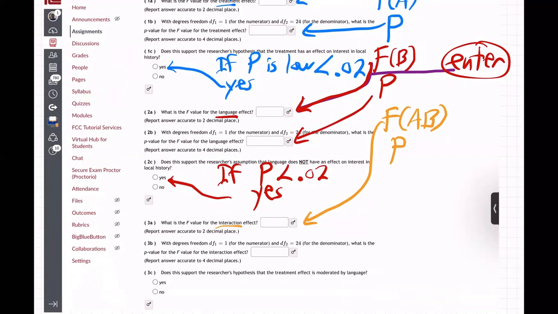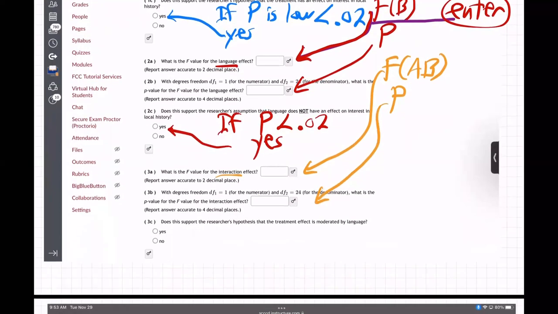That's what's interesting about two-way ANOVA. We can test if two things are individually affecting a result, or if it's their interaction, like only the multilingual people in the group work or something like that. Anyway, that's what the AB is. It's the interaction. And again, does this support the research that the treatment effect is moderated by language? Moderated means affected.